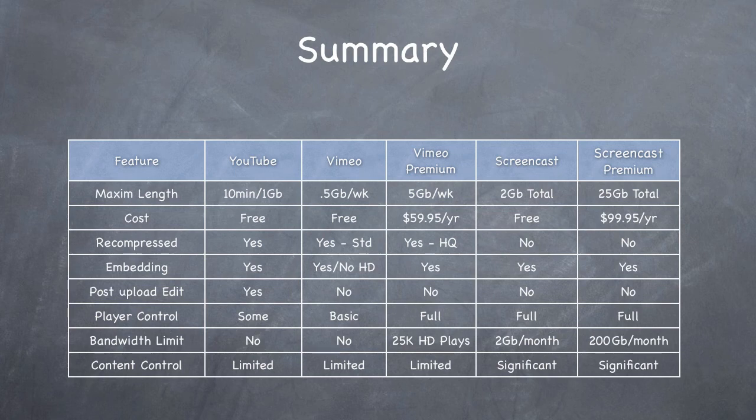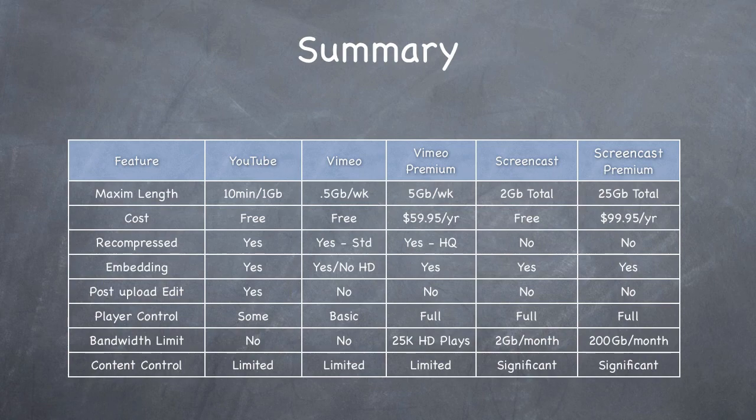You can get HD on non-premium Vimeo, but the quality is much better in YouTube. Vimeo Premium, however, the quality is quite good, and Screencast is excellent because there's no recompression.